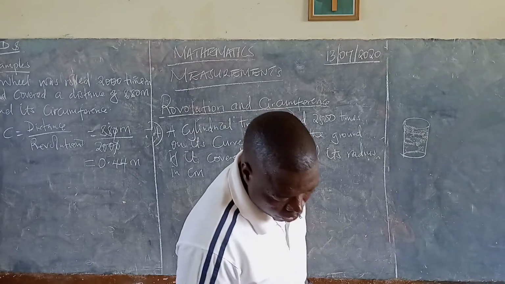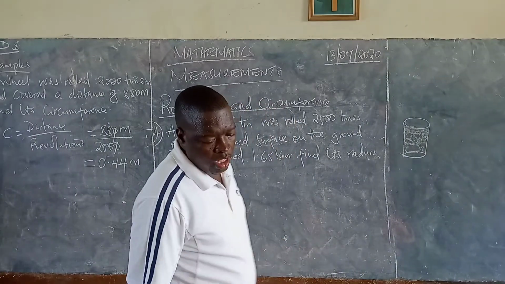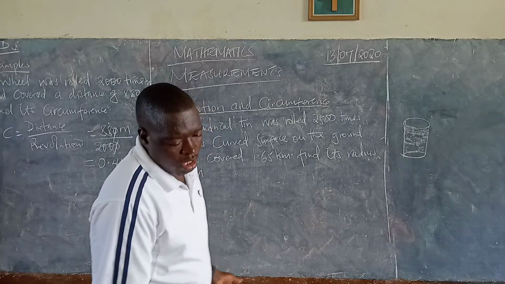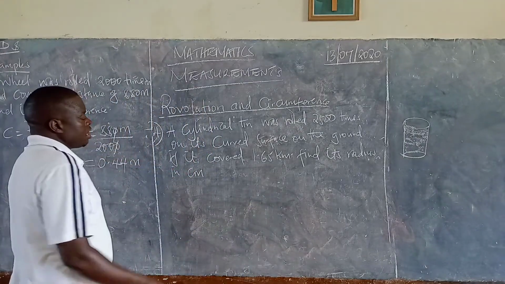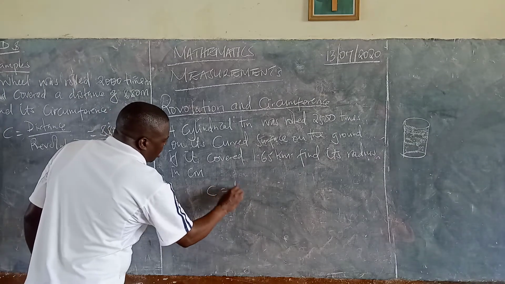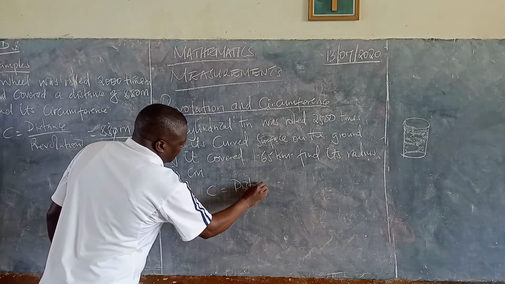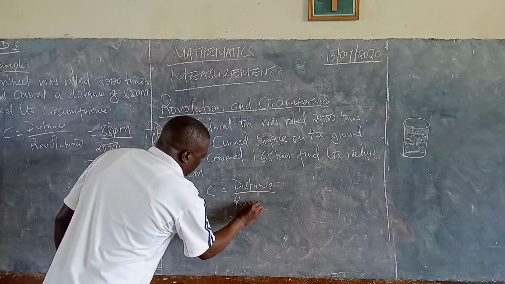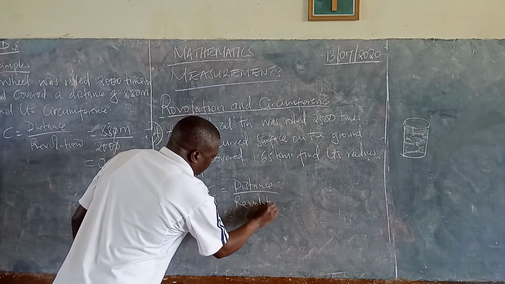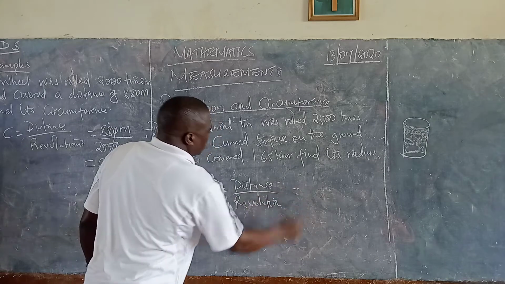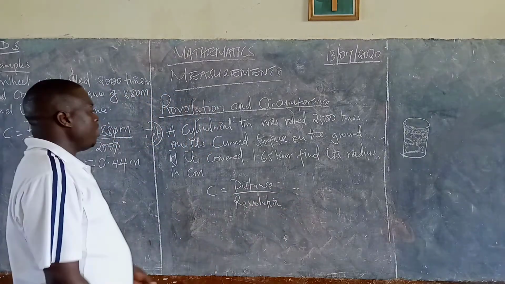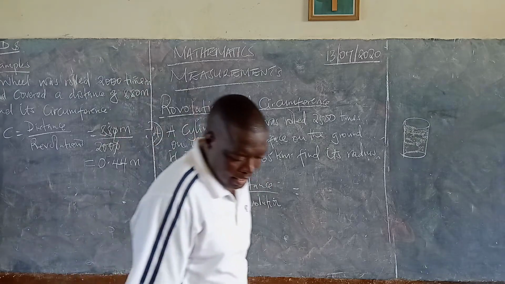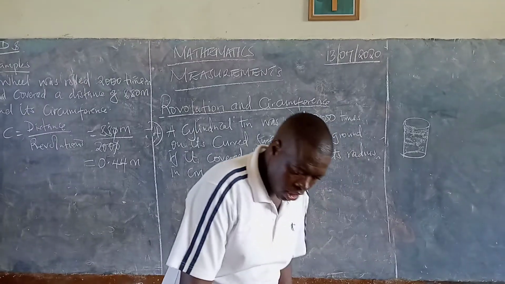Now, solution. To find the radius of the tin, first we need to find the circumference. And of course, we have said circumference is the distance covered divided by revolutions. So we have the distance is 1.65 kilometers.